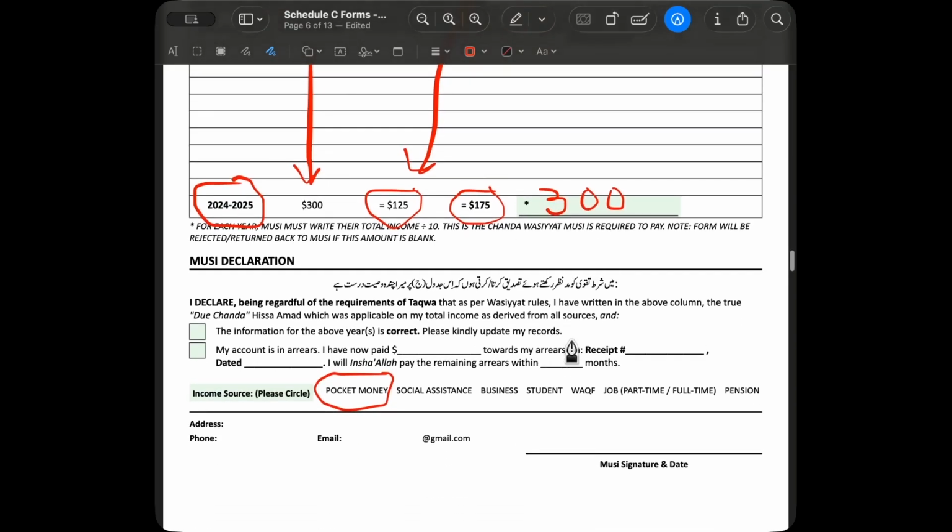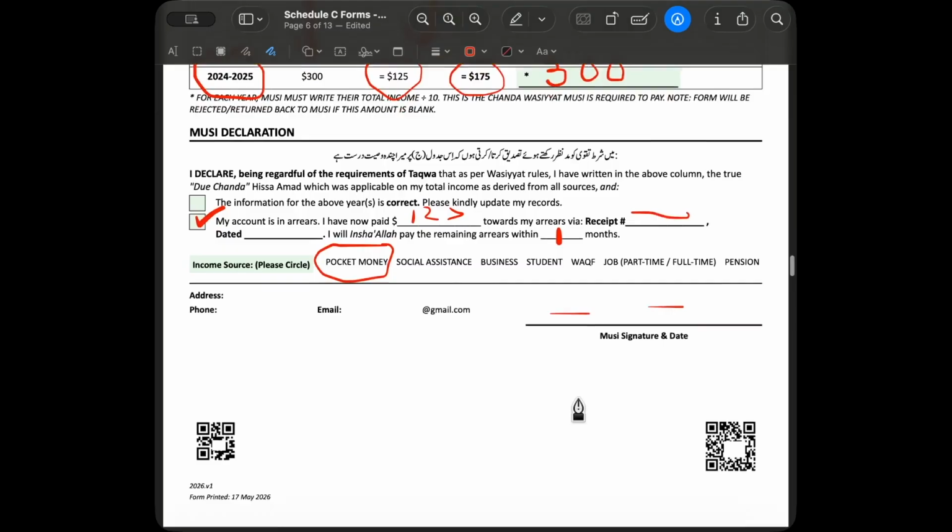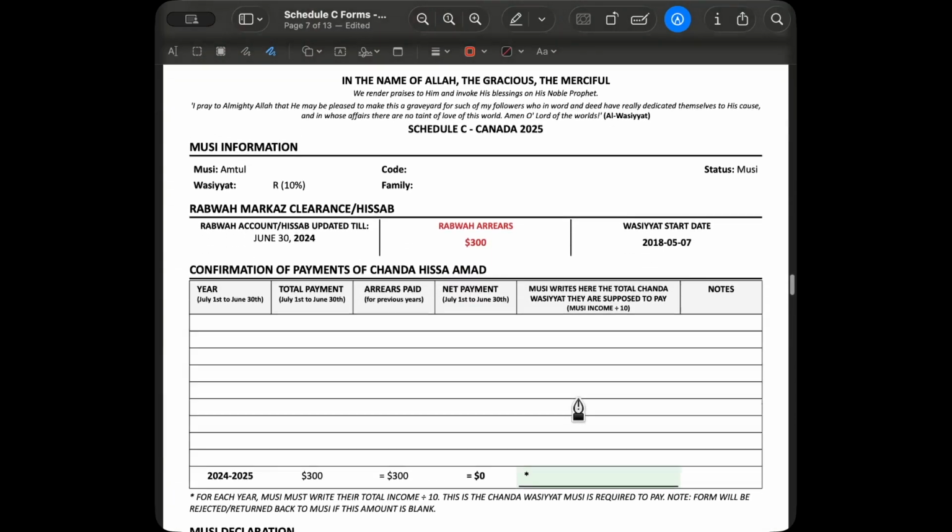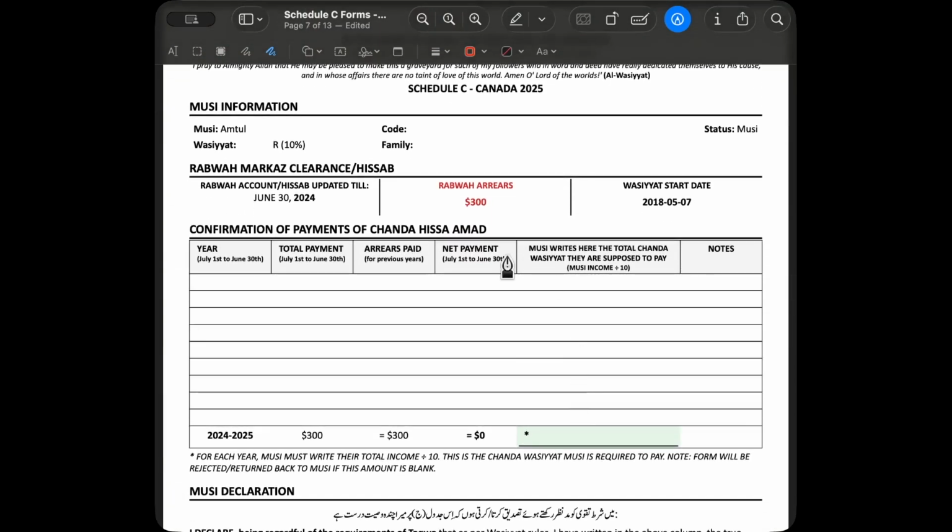So now she is in arrears of $125 again. So here she will click here, and then she will either pay $125 and then write the receipt here and then sign and date. If for some reason she's not able to pay and she wants to pay later, then she will write down in how many months she will pay the arrears. Next form.